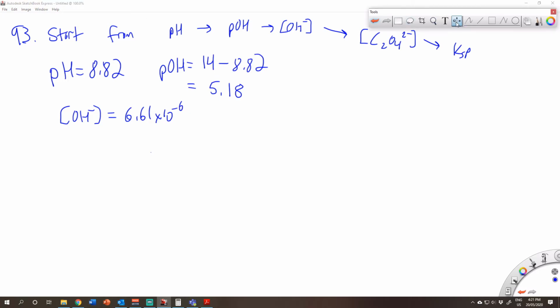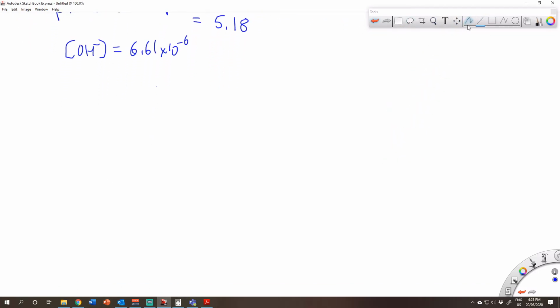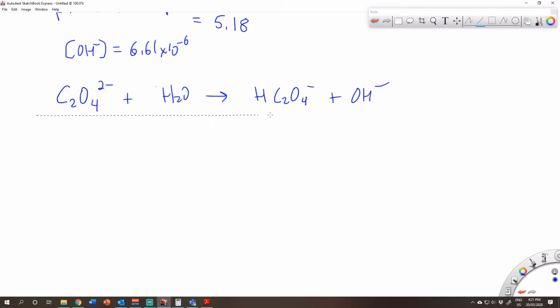Now this concentration is important because if you recall from our question 92, we had an equilibrium expression where we had the conjugate base, and this would react with water to create, in this case, HC2O4 minus and OH minus, like that.